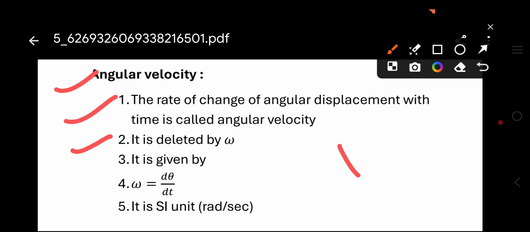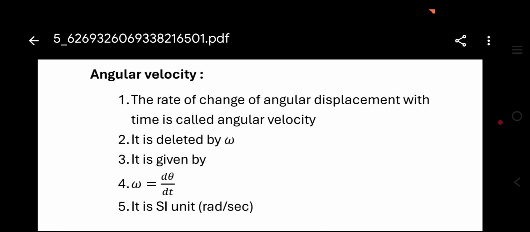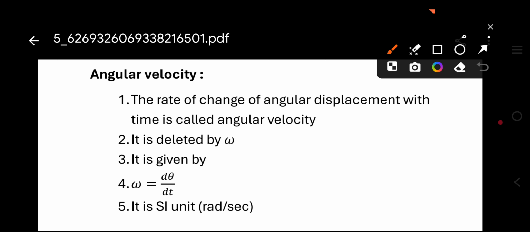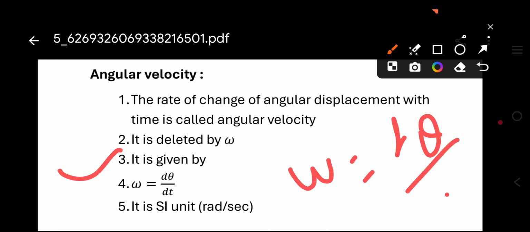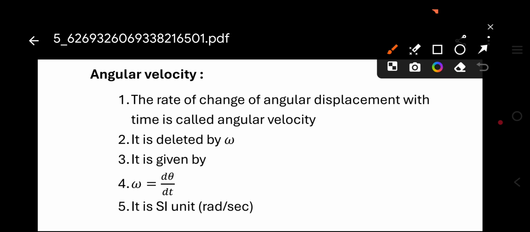Angular velocity is denoted by omega, and it is given by omega equal to d theta upon dt.